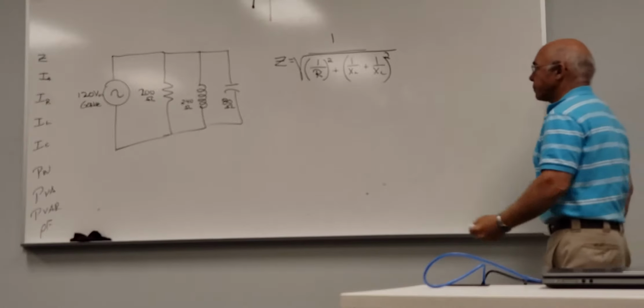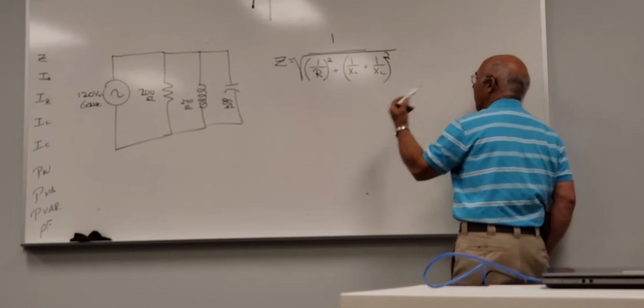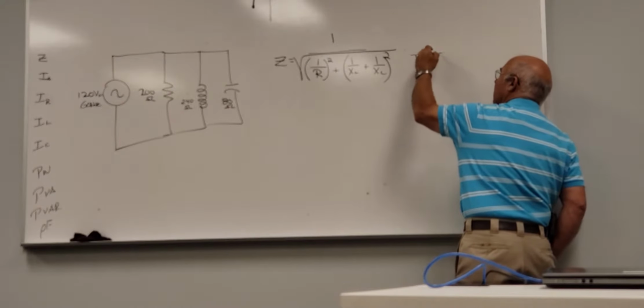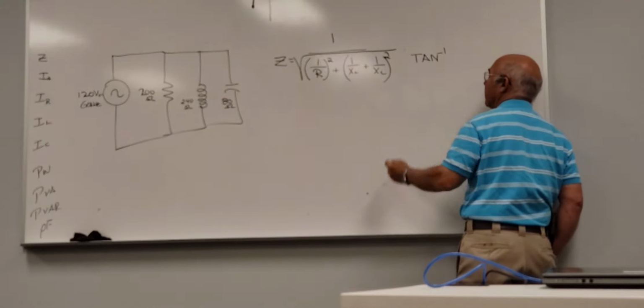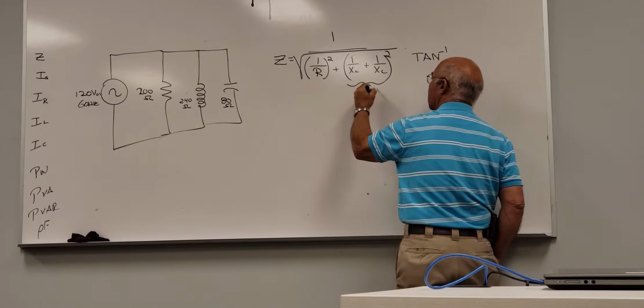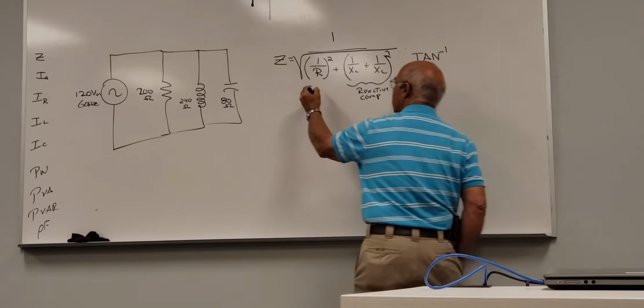Alright. This impedance will also have an angle. It'll be the inverse tangent of the reactive component divided by the resistive component.